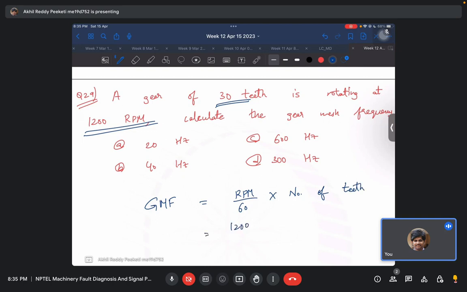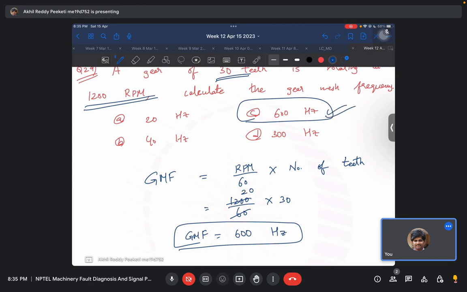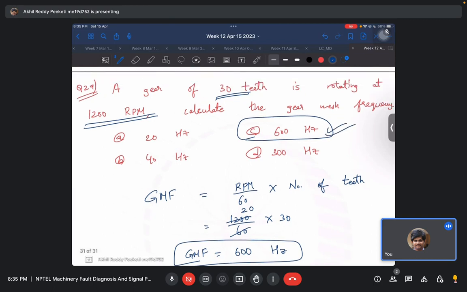So 1200 by 60 into 30 is 600 Hz. So this is how you can estimate the gear mesh frequency.